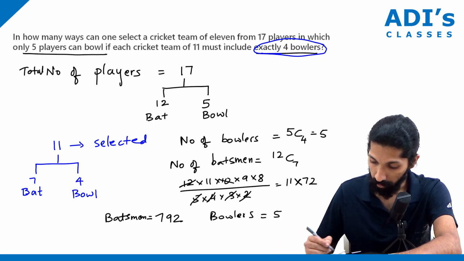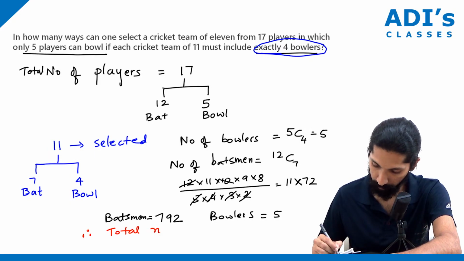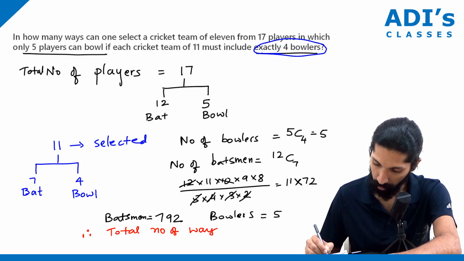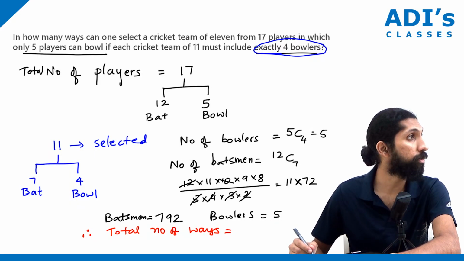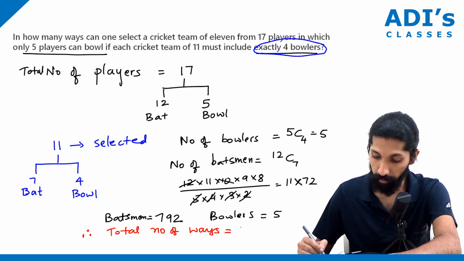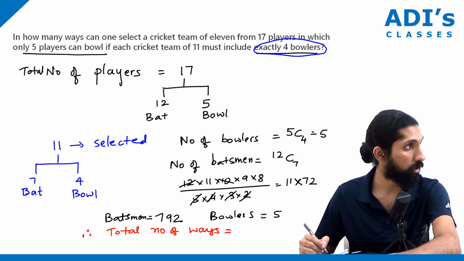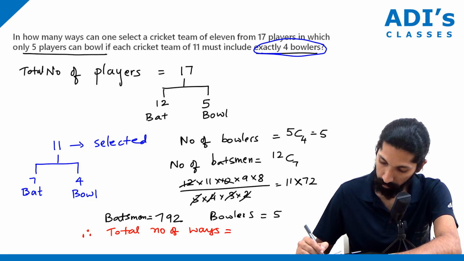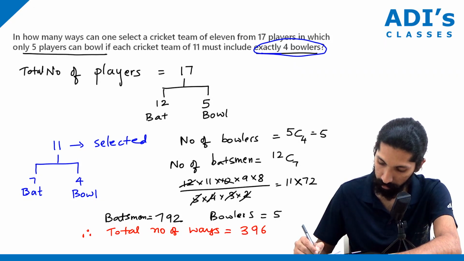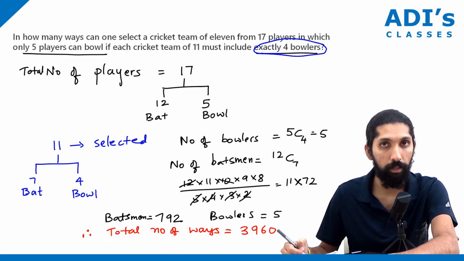So when we multiply, the total number of ways is going to be 792 into 5, which is 3,960.